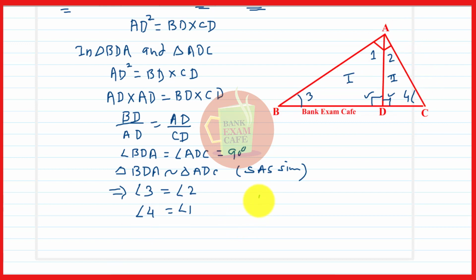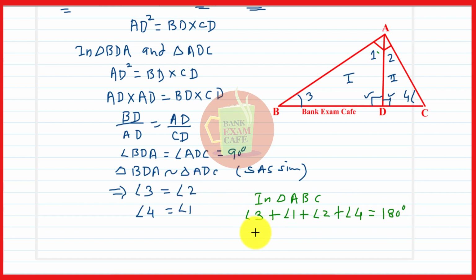Now in triangle ABC, the sum of the three angles of a triangle is 180 degree. So angle 3 plus angle 1 plus angle 2 plus angle 4 is equal to 180 degree.